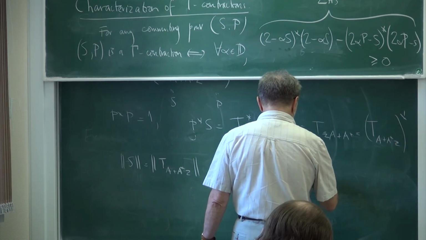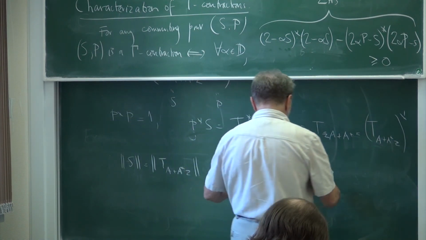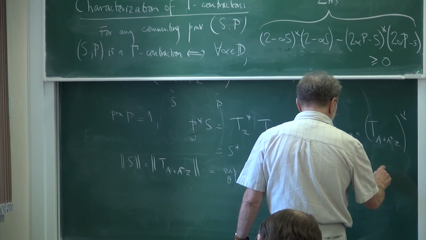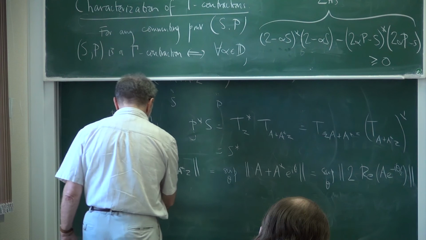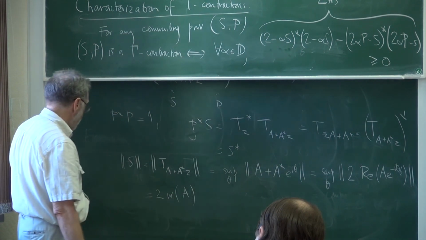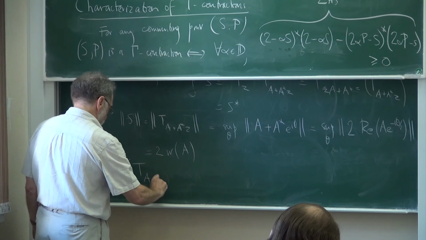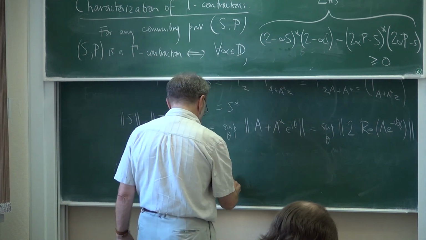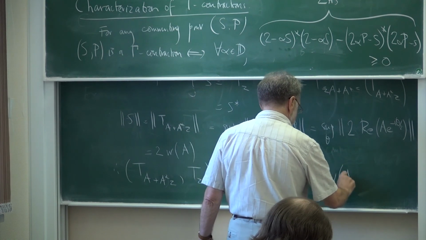If we multiply in by e to the minus i theta over 2, we get the sup over theta of the norm of twice the real part of A e to the minus i theta over 2, and that is equal to twice the numerical radius of A. And so we conclude that this pair of operators, T A plus A star Z and T Z, is a gamma isometry if and only if the numerical radius of A is less than or equal to 1.